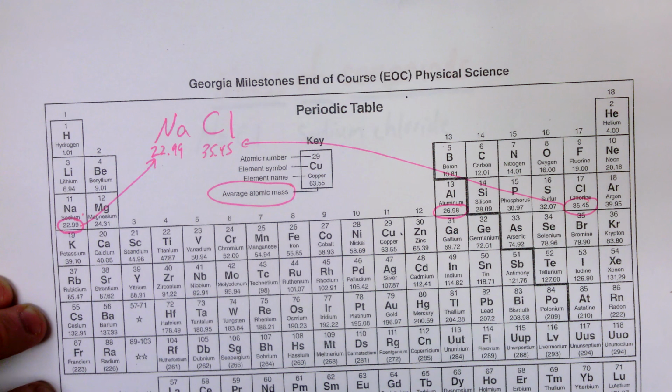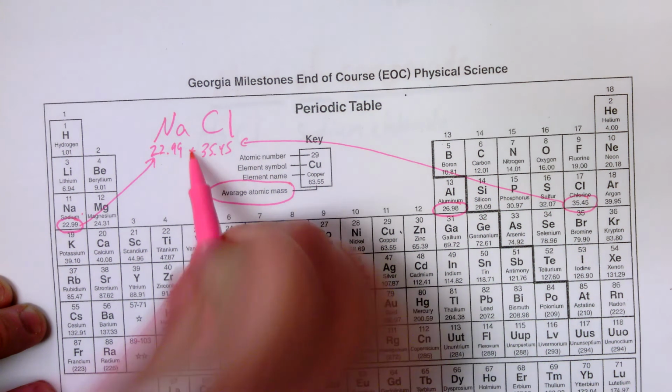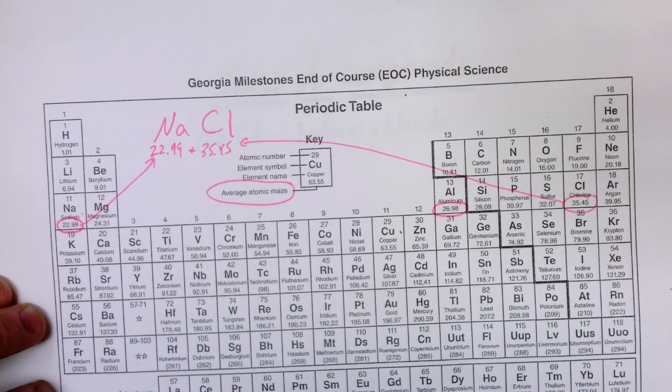So together, the mass of a sodium chloride formula unit, or one piece of that compound, would simply be the two of those added together. Kind of makes sense that whatever the mass of the compound is, it is simply the sum of the masses of the atoms that make up that compound.